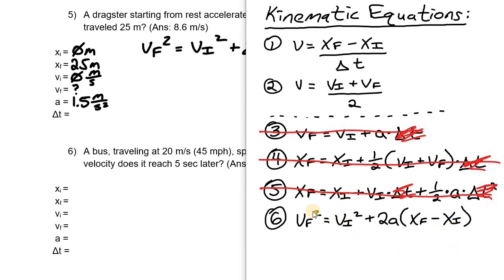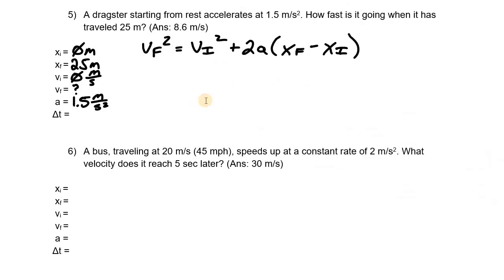It's very easy to forget these squares over here, or instead of writing a minus sign, I've seen people write a plus sign in here. Either way, make sure that you write the formula correctly, because it would be such a silly mistake to get the problem wrong because you wrote the formula wrong.